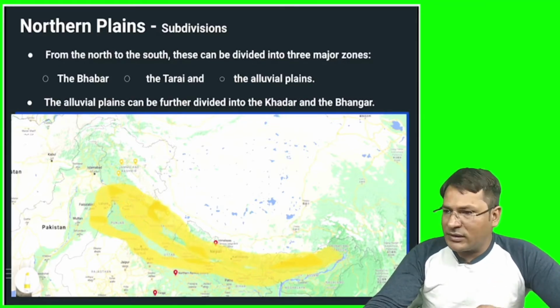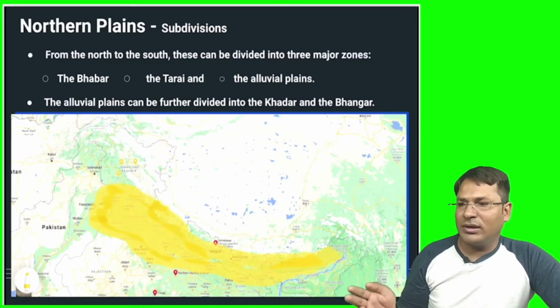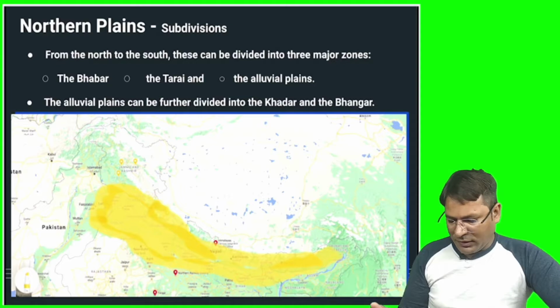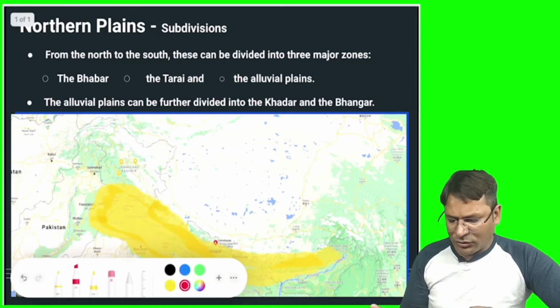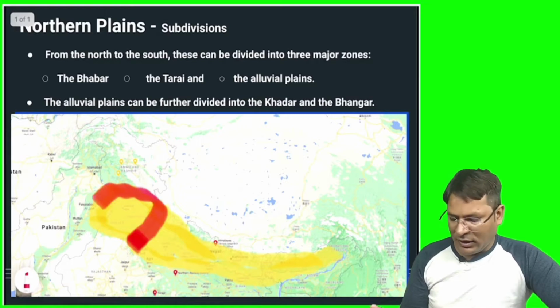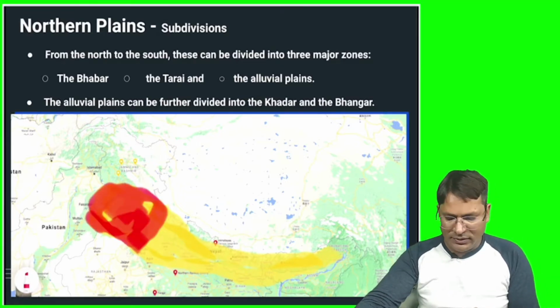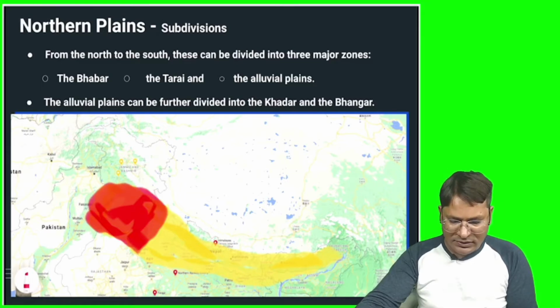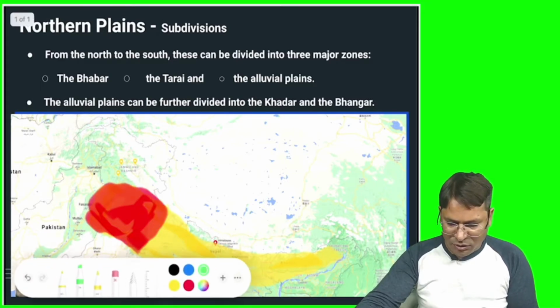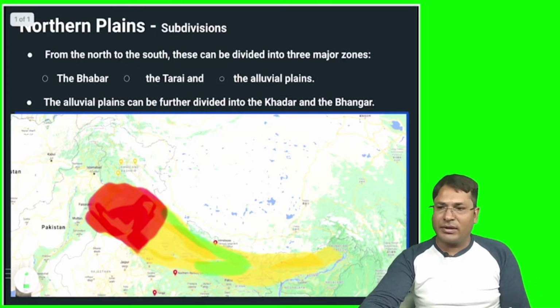As we talked earlier, the western area is covered by the river Indus. Then the center part comes under the drainage system of river Ganga.